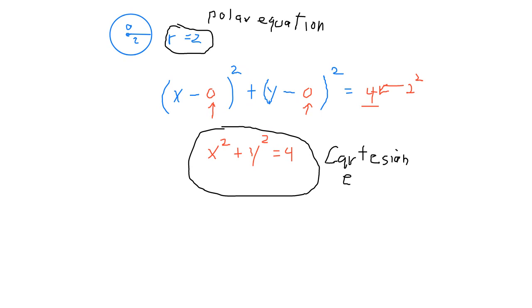Now for circles, which is easier to work with? Which is easier? Cartesian equation or a polar equation? Which is more simple? That's right, Kahindi. That's right, Colomb. The polar equation. What can be more simple than r equals 2, right?